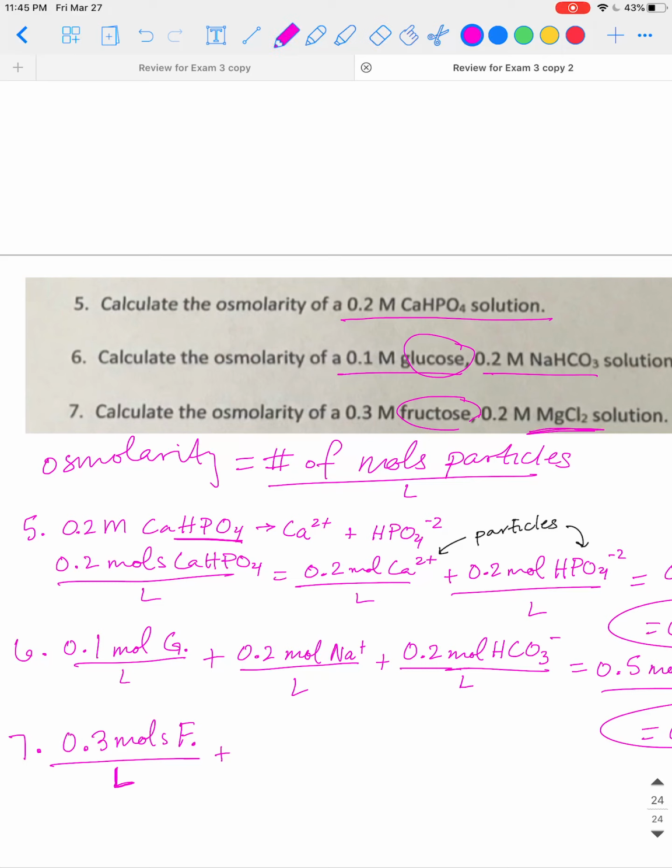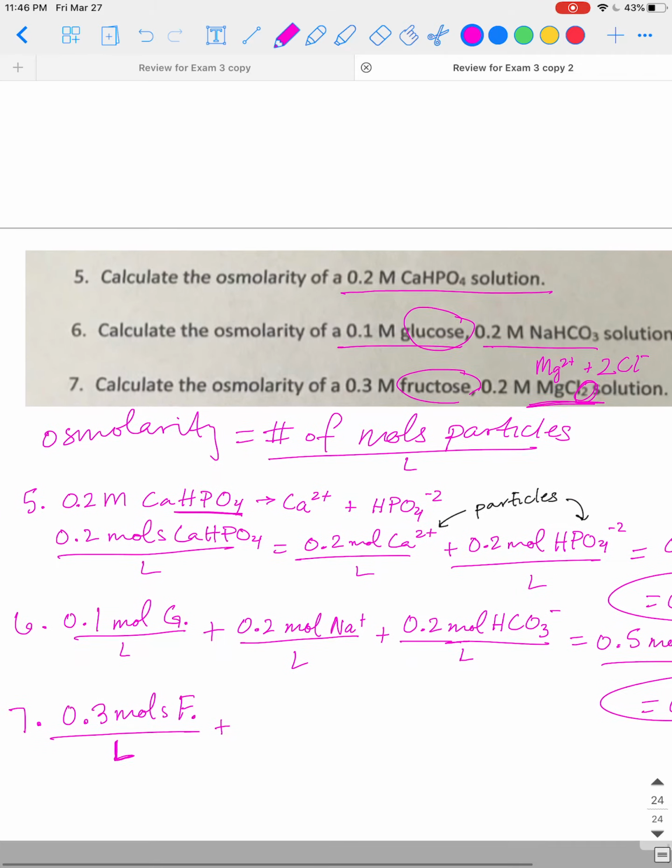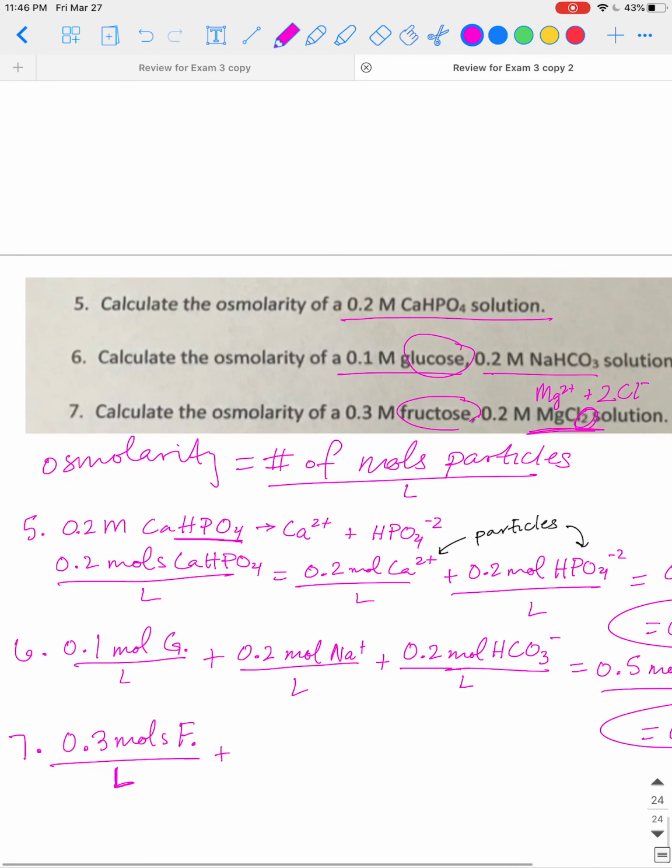What will it dissolve into? If I have one magnesium chloride molecule, I would get one magnesium 2 plus cation, but I would get 2 chloride anions because I have a 2 as a subscript there. So we're going to have to take that into account when we actually add up the number of moles of particles.